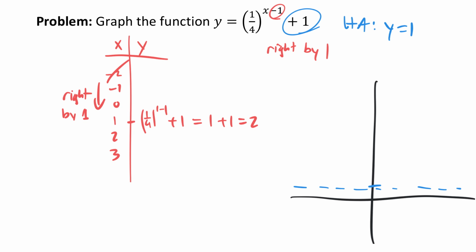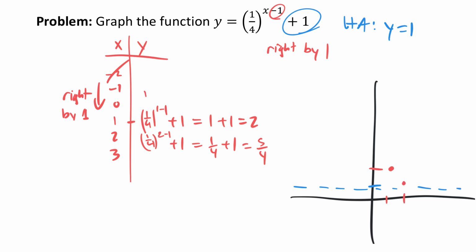At 1, we got 2. At 2, (1/4) to the 2 minus 1. So that's (1/4) to the 1, which is just 1/4 plus 1. So 1 1/4 or 5/4. So just a little bit above 1 over here.